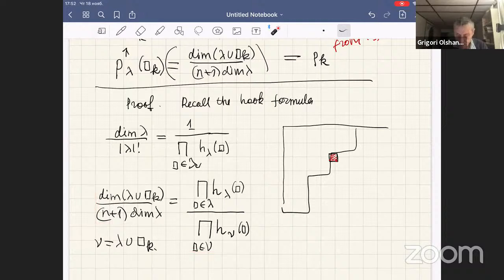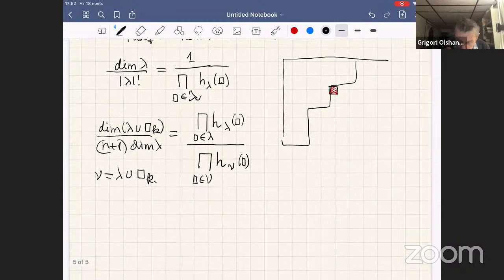But let's compare the hook lengths in the smaller diagram and in the larger diagram. What happens? The boxes are all the same, except this one. This is a new box which appears in the diagram nu, but its contribution is 1 because its hook length is 1. And the next observation is as follows. Look at this row and this column.